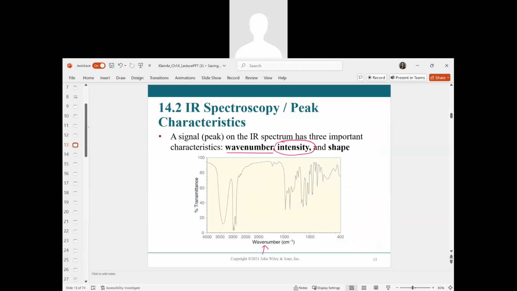Up top here, 100% transmittance would be 0% absorbance. We have down here the opposite, so this would be a fairly strong or intense signal, these that make it all the way down the bottom here. And then these are some mid-range intensities here. We also can comment on the shape, whether something is broad or a narrow signal. We can see both of those represented here, and we'll describe these in more detail as we move through the chapter.